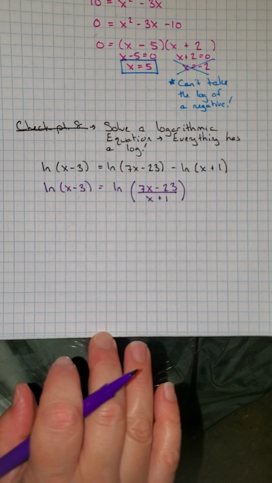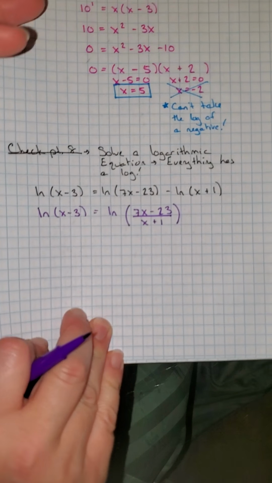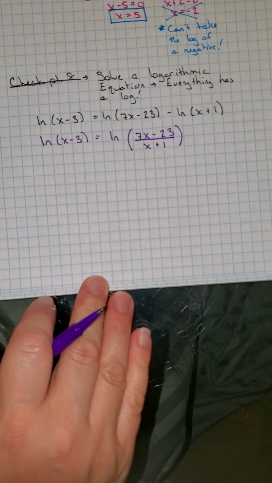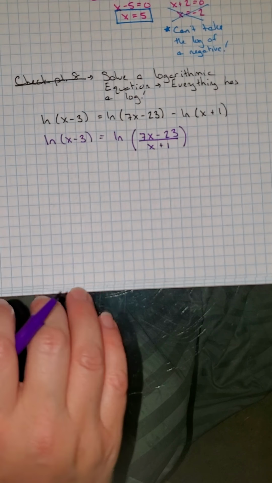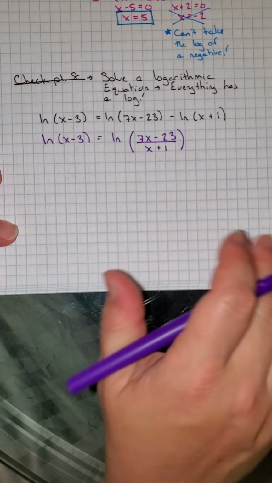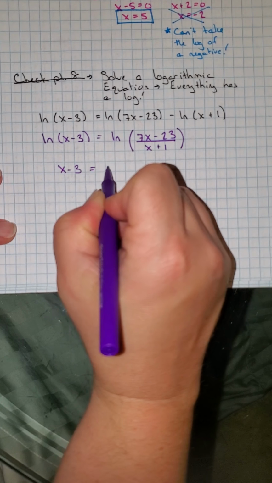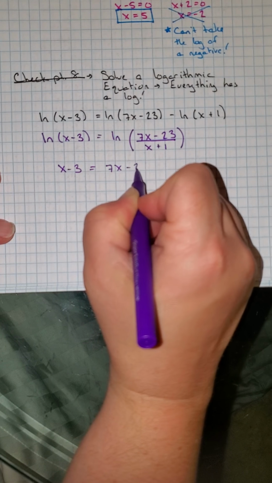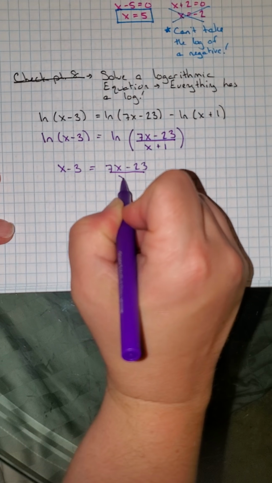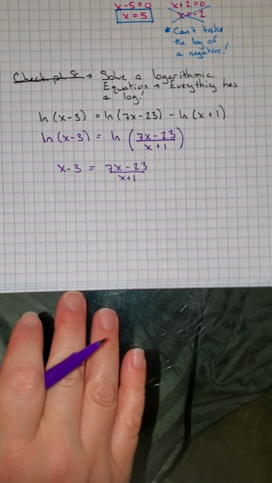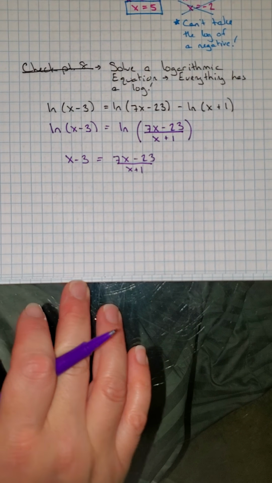So log of the left, log of the right. We're going to be able to just drop our logs because it's a log of both sides. So we can just do x minus 3 is equal to 7x minus 23 over x plus 1. And now you just solve the algebra problem.